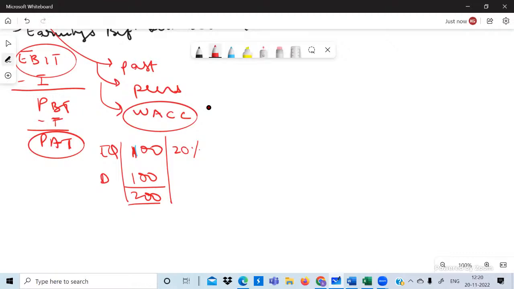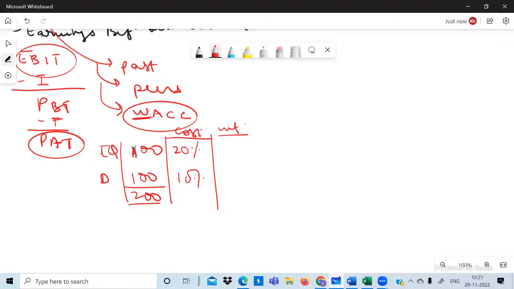Similarly, let's say the lenders have an expectation of 10%. So this is already my cost. It's a return for the equity shareholder or the lender, but it's a cost to the company. First you calculate the weights. What is weight?